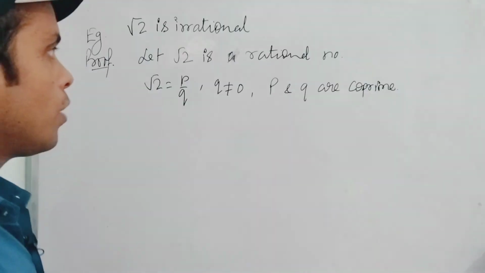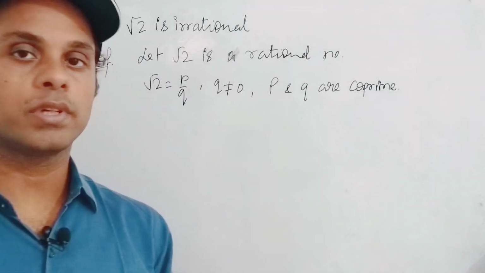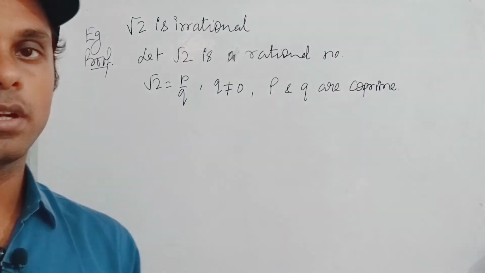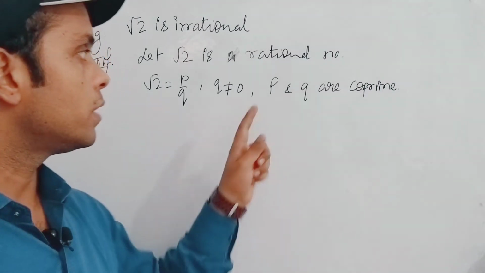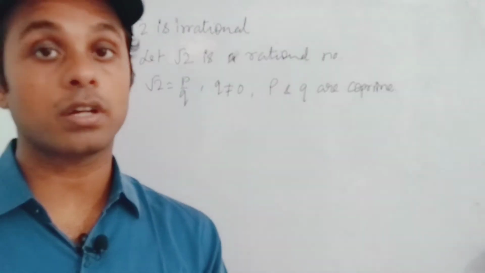So now we need to prove that root 2 is irrational. That means we need to prove that p and q are not co-prime.